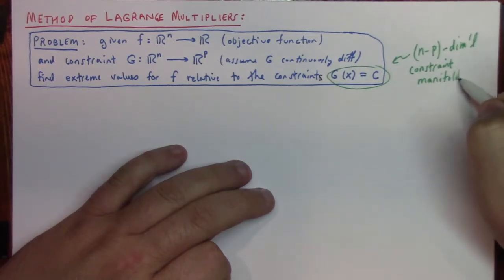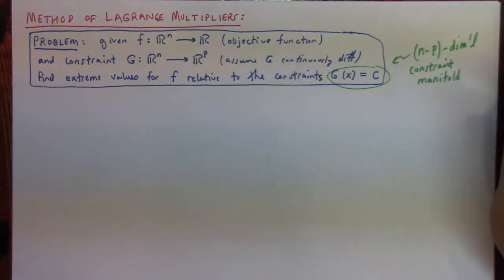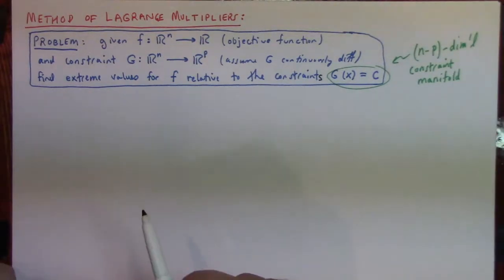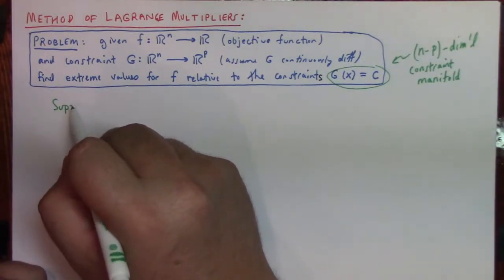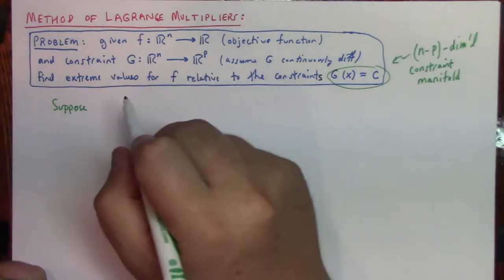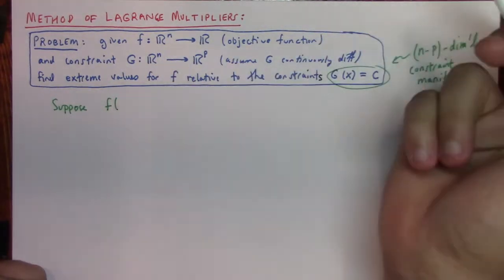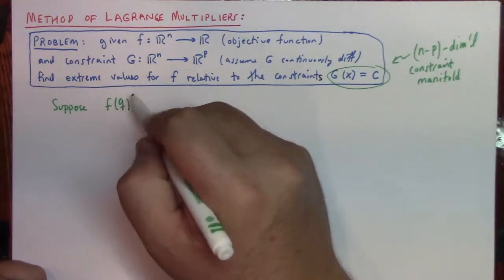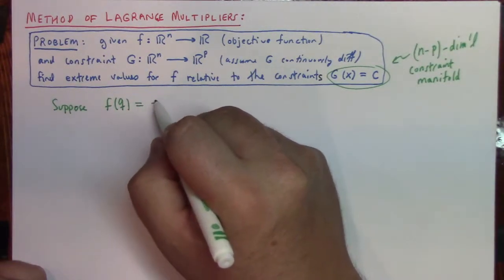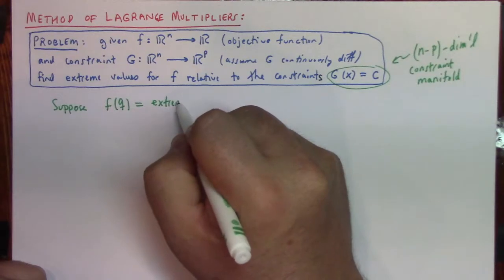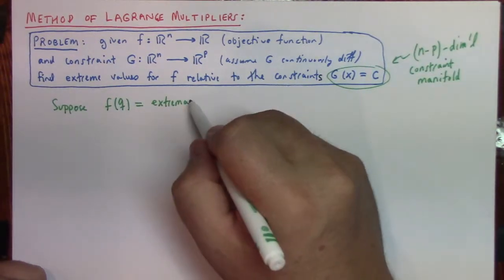All right. So suppose that f of, let's say, a letter I haven't used, q, is equal to an extremal value.